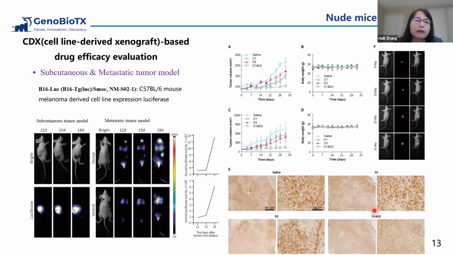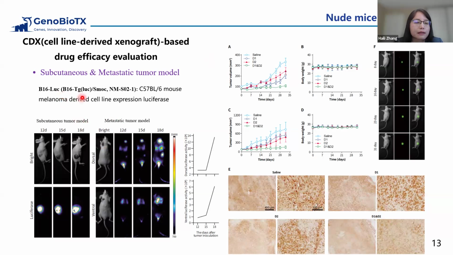So in the following examples of application of nude mice, we refer to our company-developed BALB/c nude mice. The nude mice can be used for CDX-based drug efficacy evaluation. So on the left, tumor growth and metastasis in nude mice are shown here. Here we use a B16-LUC cell line.